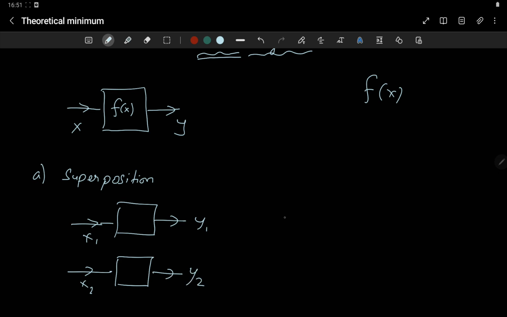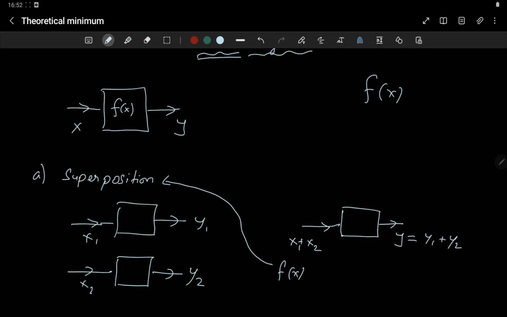Then if it satisfies superposition, instead of giving x1 and x2 separately, if I just add x1 and x2 and give them together, it will give some y, and if that y is y1 plus y2, then we can say this function f of x satisfies superposition. That's one property, superposition.